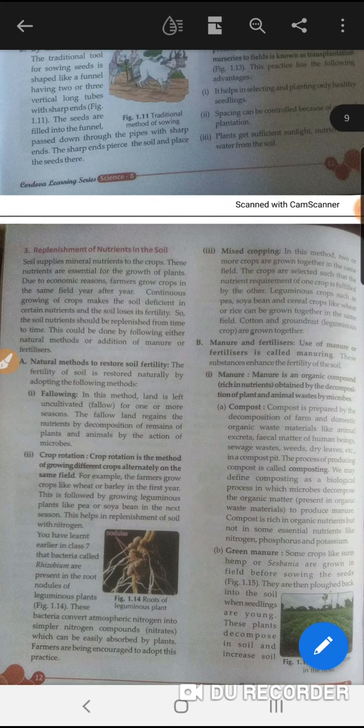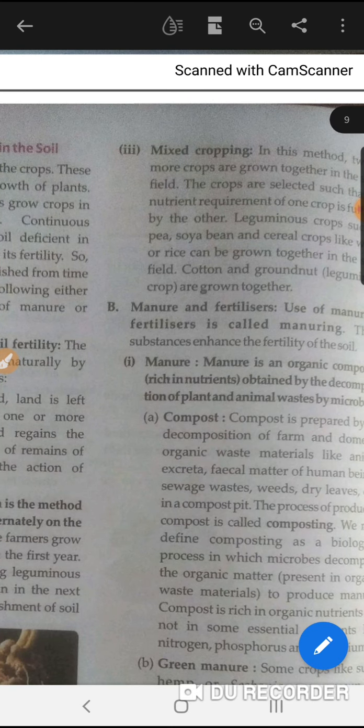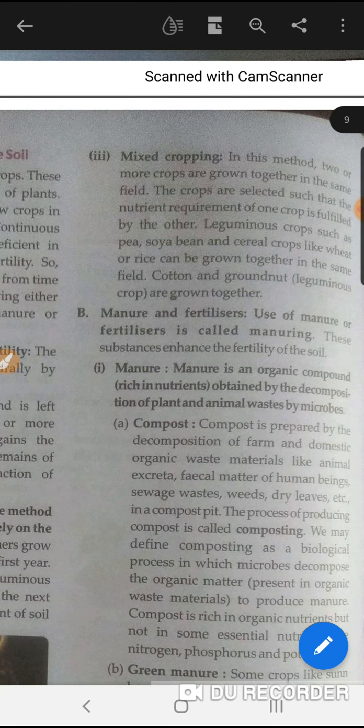So today we are starting with the topic that is use of manure and fertilizers. Use of manure or fertilizers is called manuring. Now, what is a manure? Manure is an organic compound. Remember this thing, that manure is an organic compound.